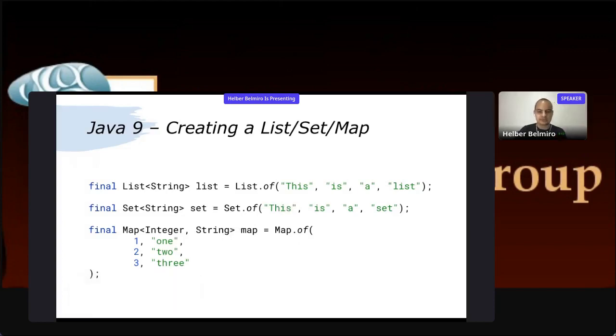We can create a set of these elements, or we can create a map of these elements, with the difference that for a map, we have to inform the key and the value. But it's much more readable and intuitive than the previous solutions.